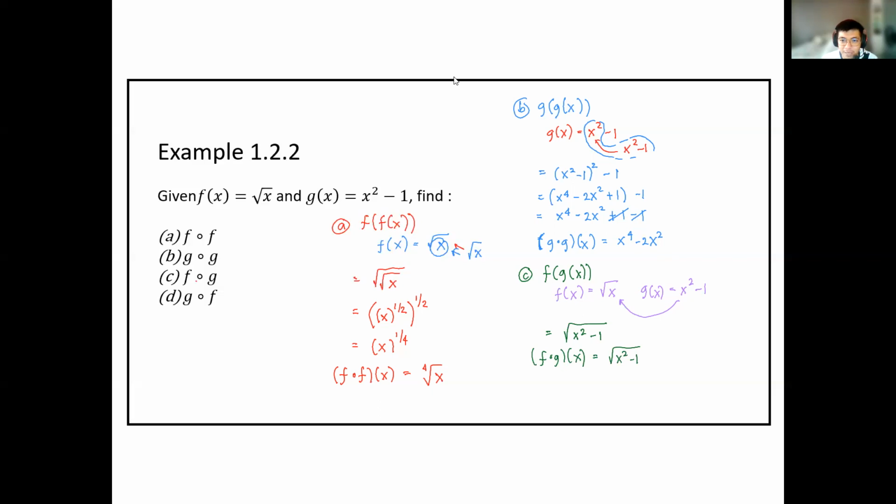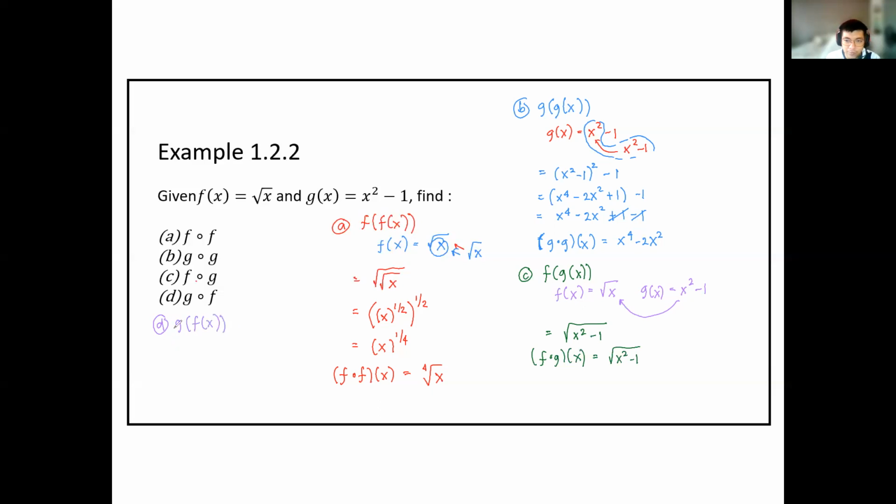Okay, so let's try the last example. Let's write it on the left side. So g of f of x.